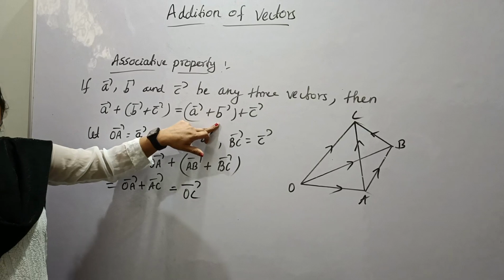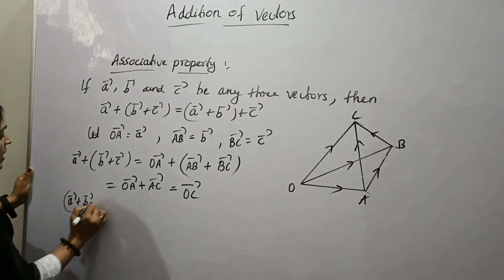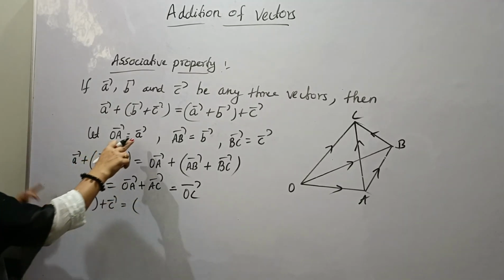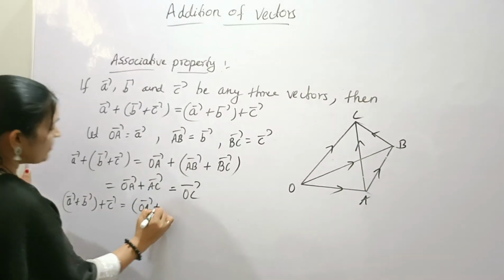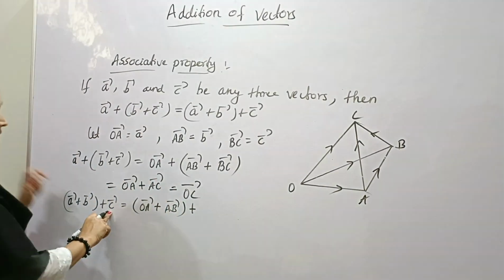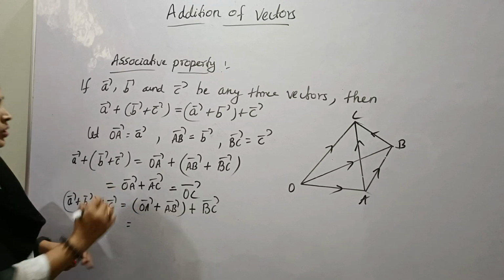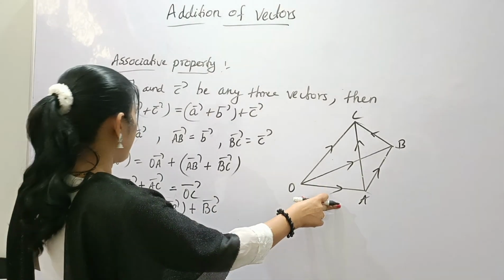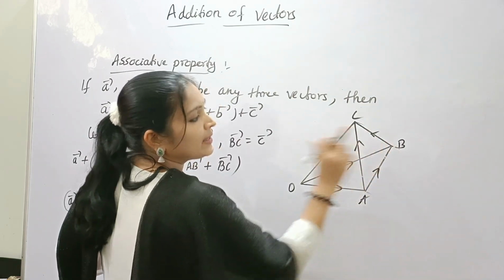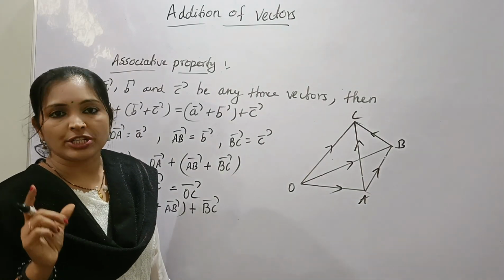Next, let's consider the RHS, that is A + (B + C). Inside the bracket, vector A is vector OA, plus vector B which is vector AB, plus vector C which is vector BC. Vector OA plus vector AB is equal to vector OB by the triangle law of vector addition.